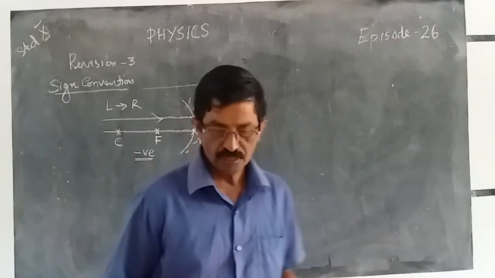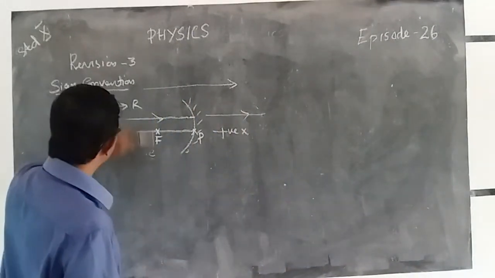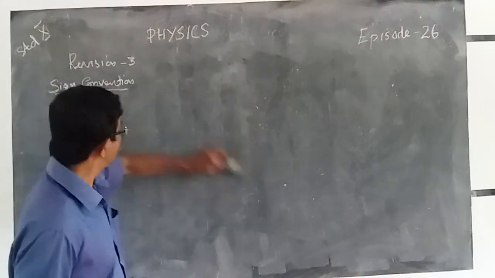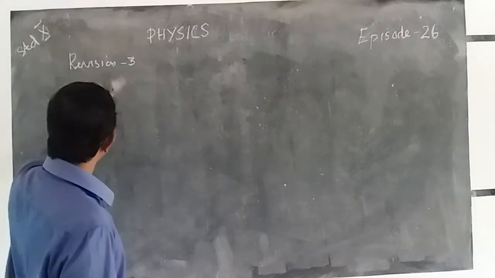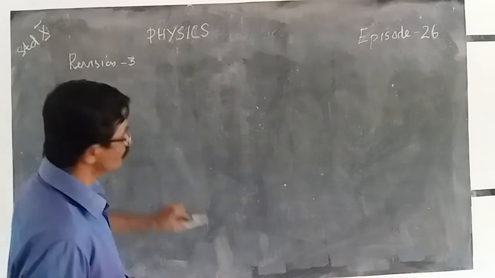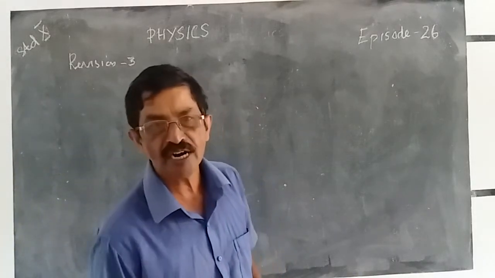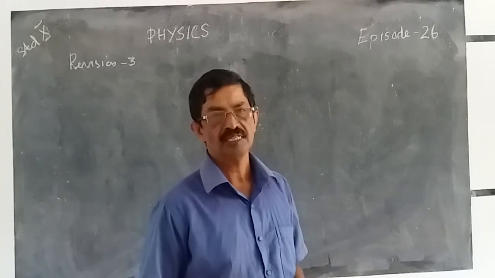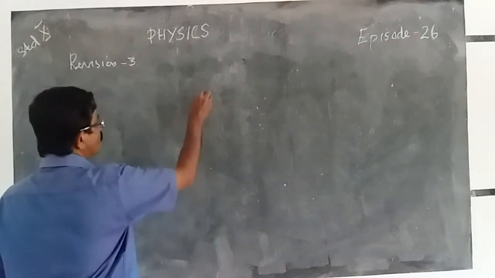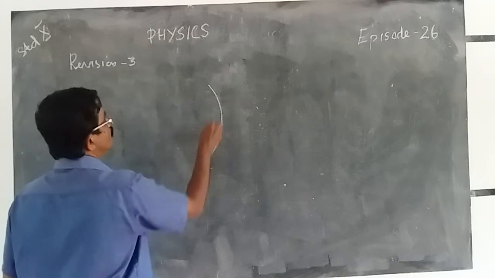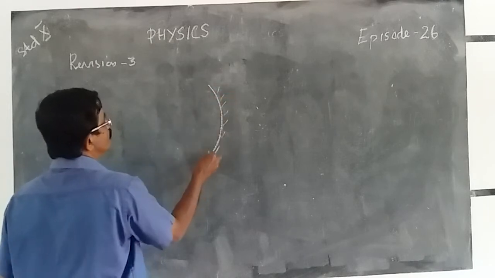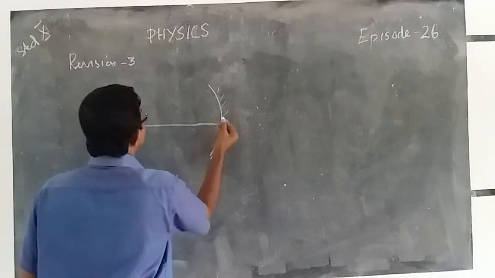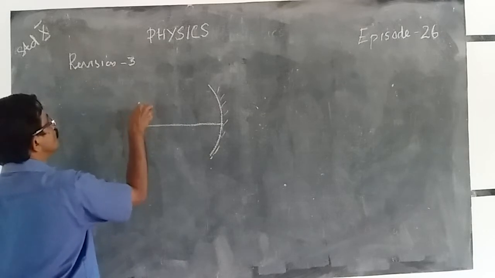Now, see, when an image is formed by a concave mirror, for example, suppose here is an object.